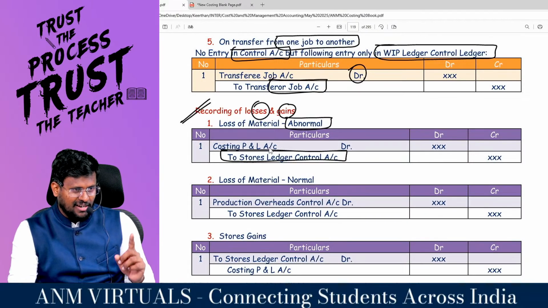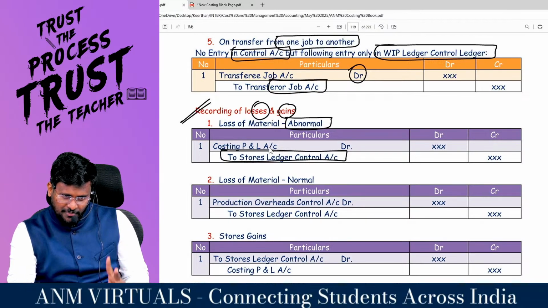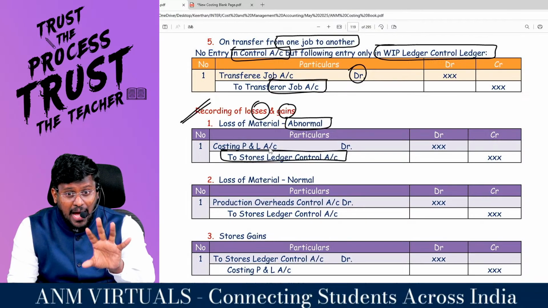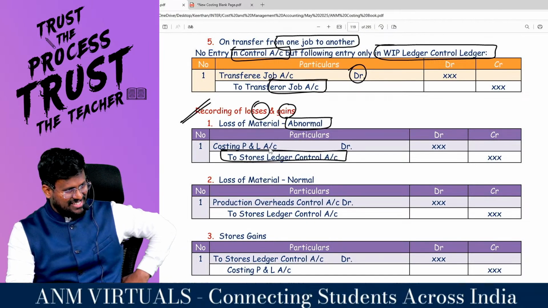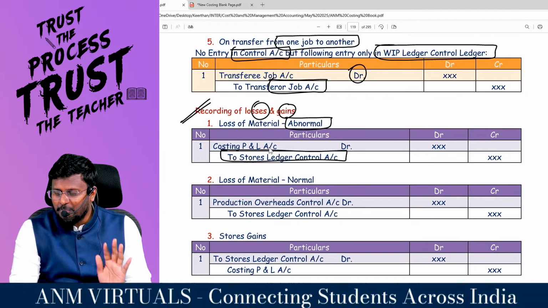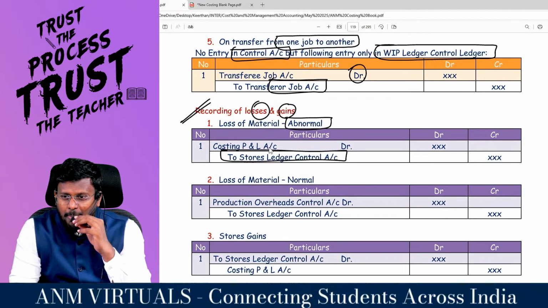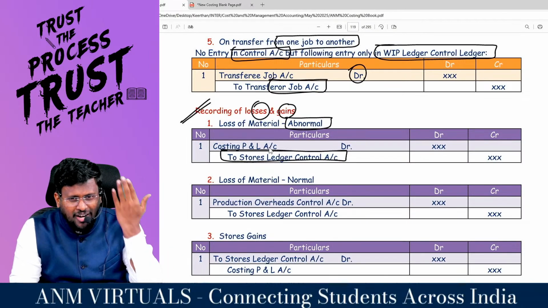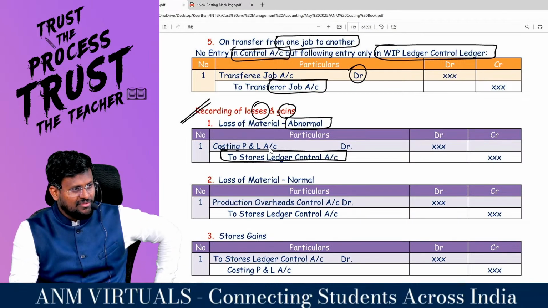There will be two losses, normal loss and abnormal loss. The cost of normal loss will be absorbed by the good units, whereas the cost of the abnormal loss should not be absorbed by them. Why would you have to absorb it? Because the units have not died naturally, it is avoidable.